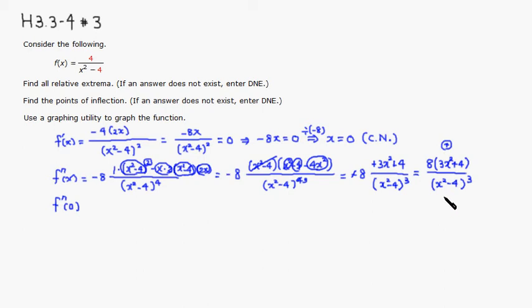So positive divided by negative is definitely negative, which means that we have a concave down shape, which means that f of 0 is going to be a local maximum by the second derivative test. Let's find f of 0. f of 0 is going to be 4 over negative 4, which is negative 1. So let's type in the answer.